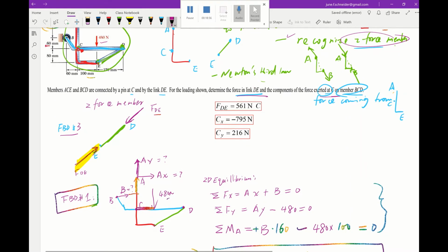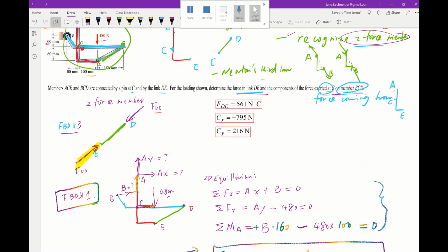And now let's look at DE. We're going to look at the dimensions. Here is 150 horizontal, and vertical is 80, so it's 80, 150. And obviously that can be simplified. If we divide it by, let's think, looks like we can only divide it by 10.